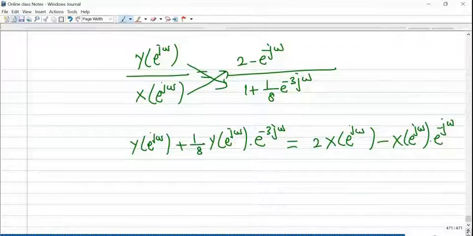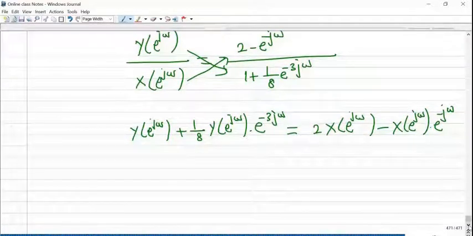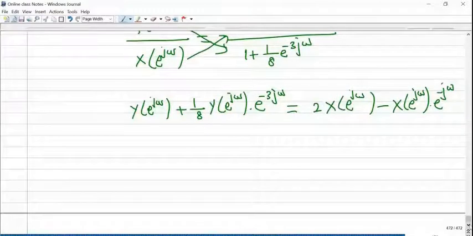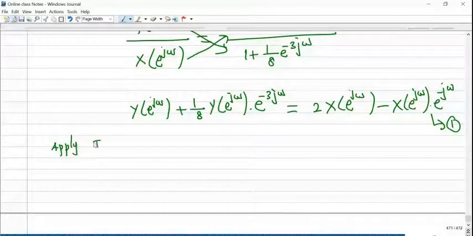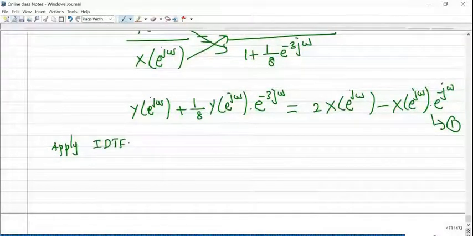Now write down the difference equation. Let's consider this as equation number 1. Apply inverse DTFT, the inverse discrete time Fourier transform. Y of e power j omega becomes y of n.